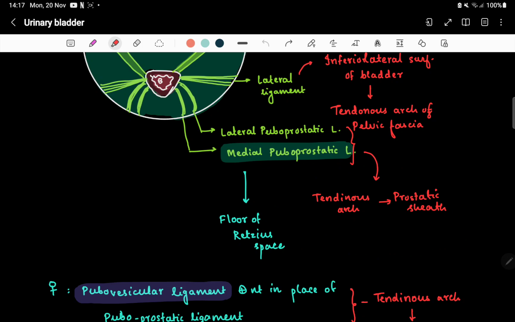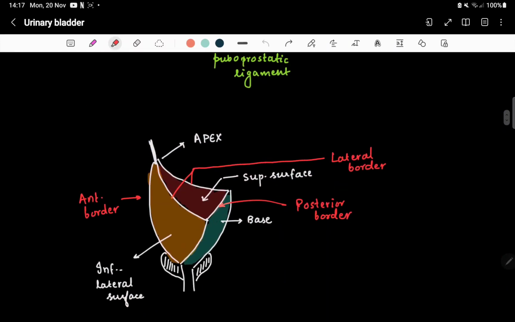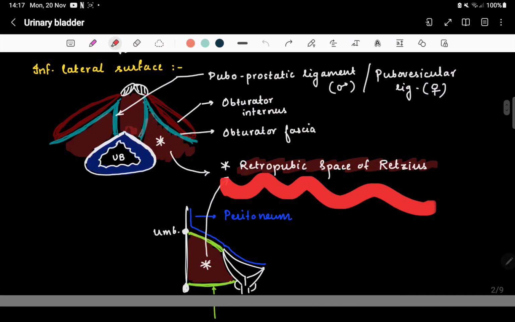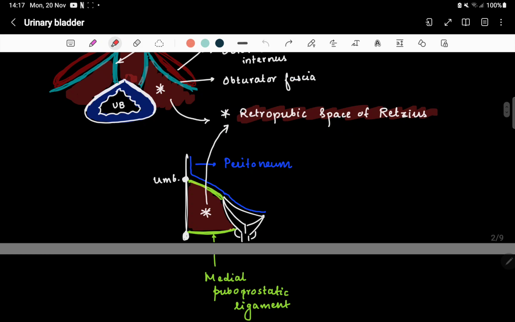The medial puboprostatic ligament also forms the floor of the retropubic space of Retzius.